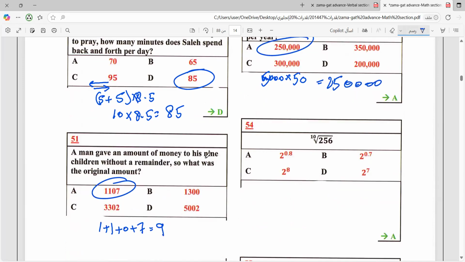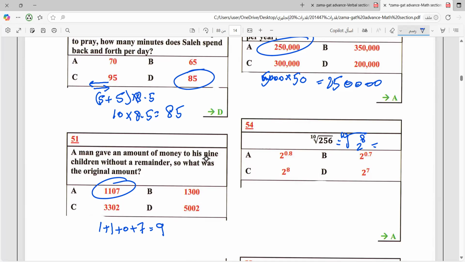Okay, 54. Hassan, the 10th root. What is the 10th root? We first find it, analyzing the number: 2 times 2 times 2, 2 to the power 8.